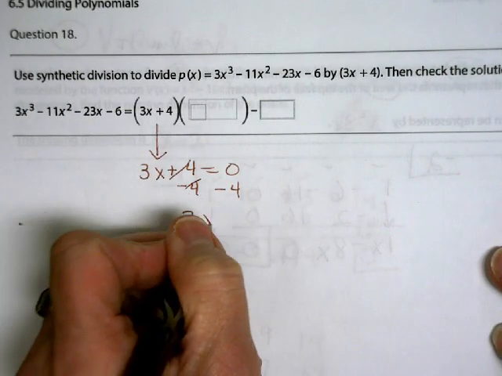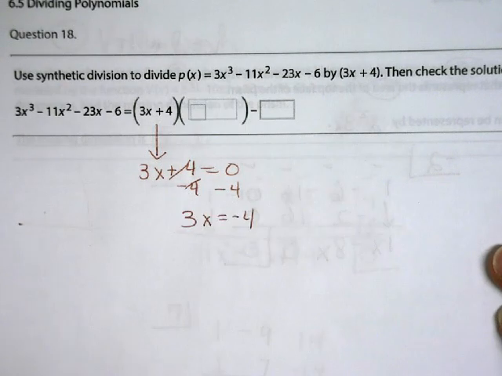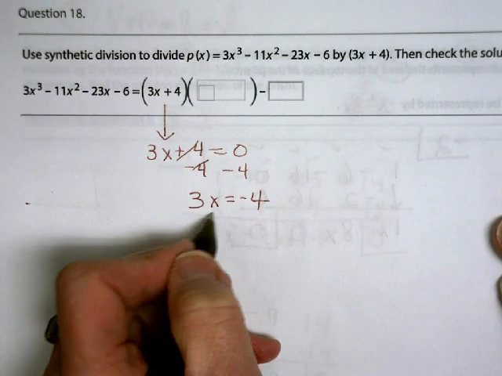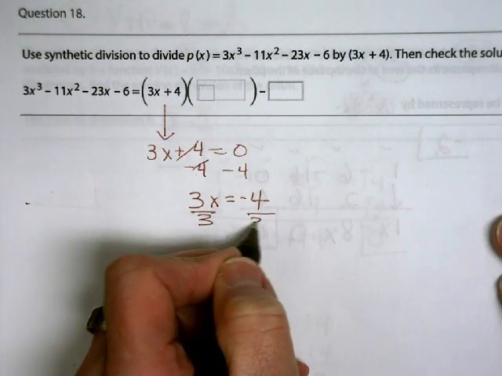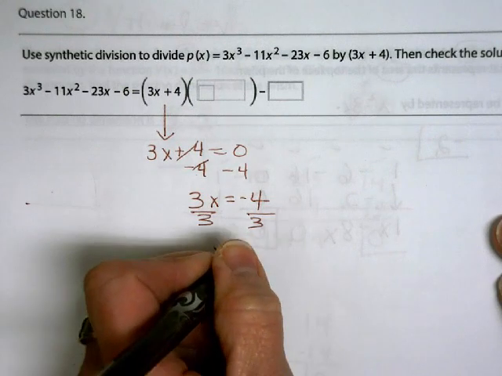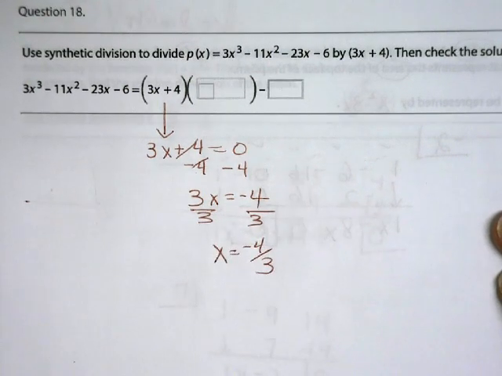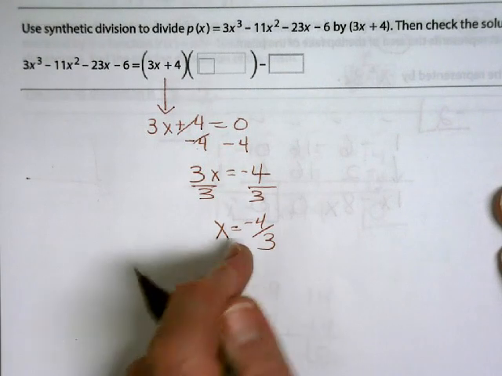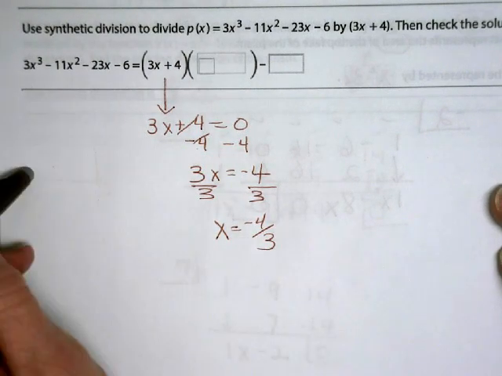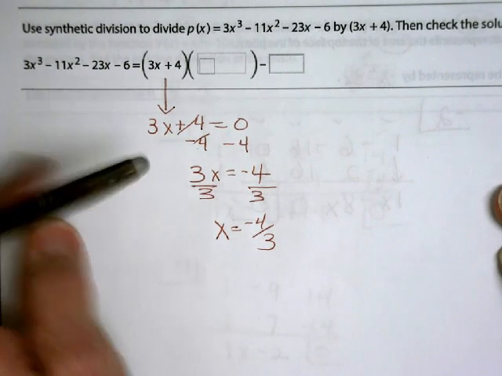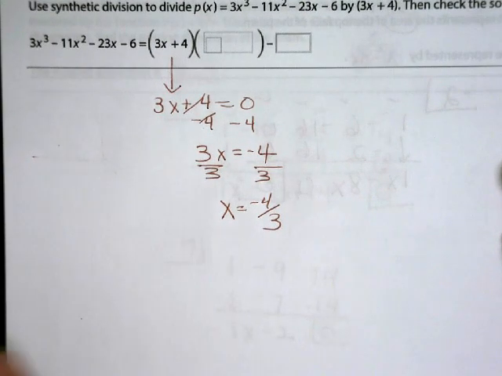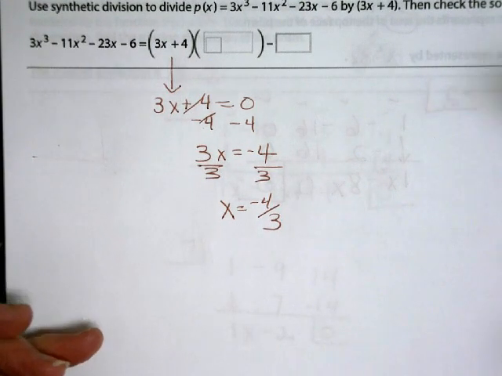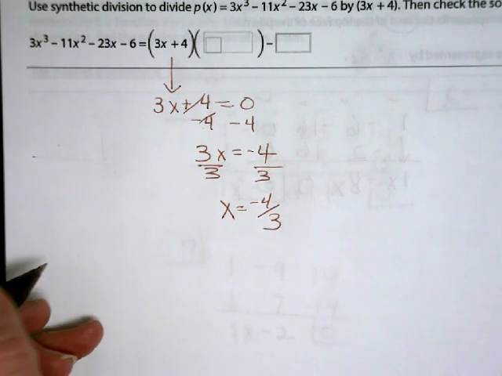I'm going to have to move my synthetic divisor down. My crow's nest. Okay. So I get 3x is -4. Divide by 3. x is -4/3. So that is my synthetic divisor. So that goes up in the crow's nest.